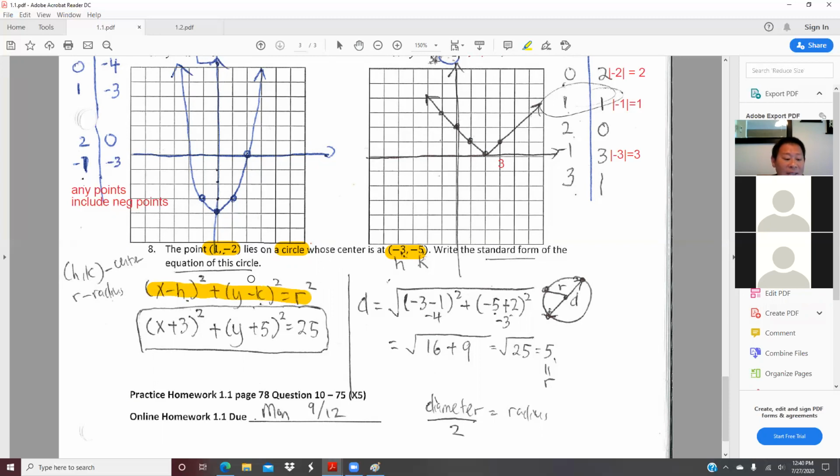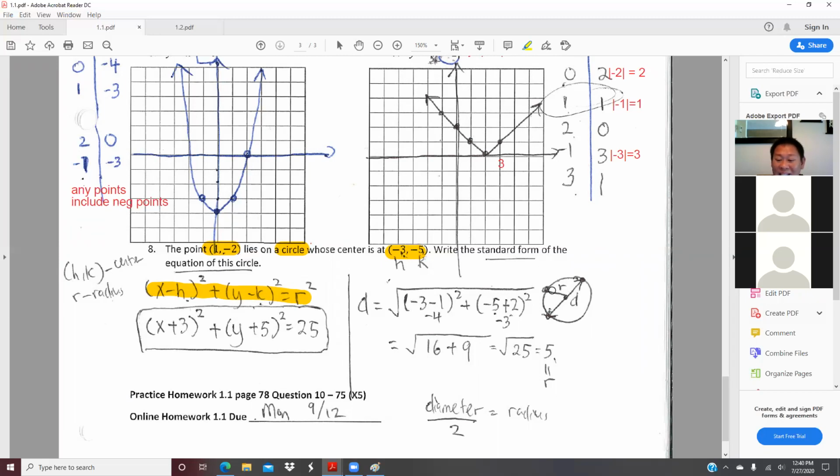We know h is negative 3, so I plot negative 3 becoming positive 3. I plot negative 5 becoming positive 5, but we don't know the radius. How do you find the radius? You use the distance formula that you learned in P6. Because if you remember, this is a circle, this is the center, and the one point lies on it, and that means that that is your radius.